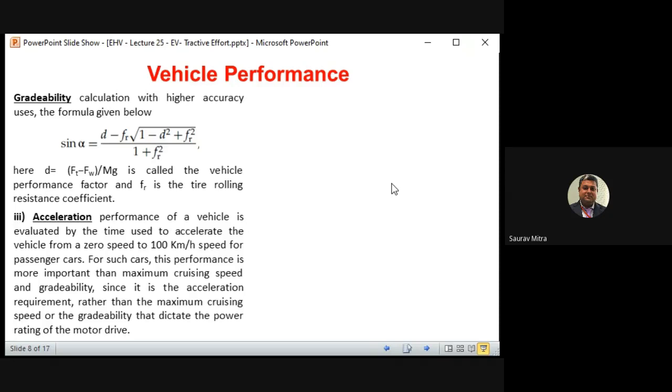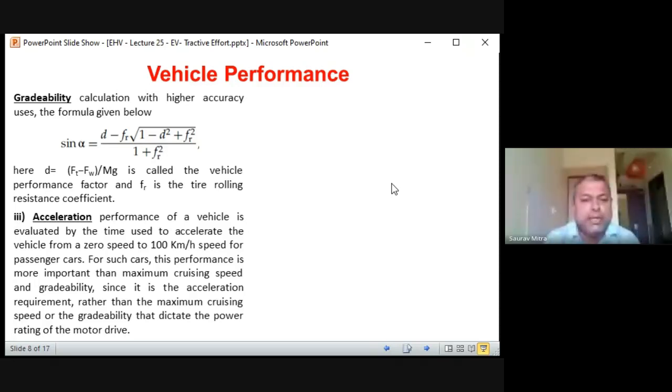So maximum speed is not too high, and gradability is not very high because these vehicles are not used for very special applications like going through hills. They are mainly for regular application, maybe for a 500 or 800 kilometer tour, driving in the city or through the highway. This is the passenger car.